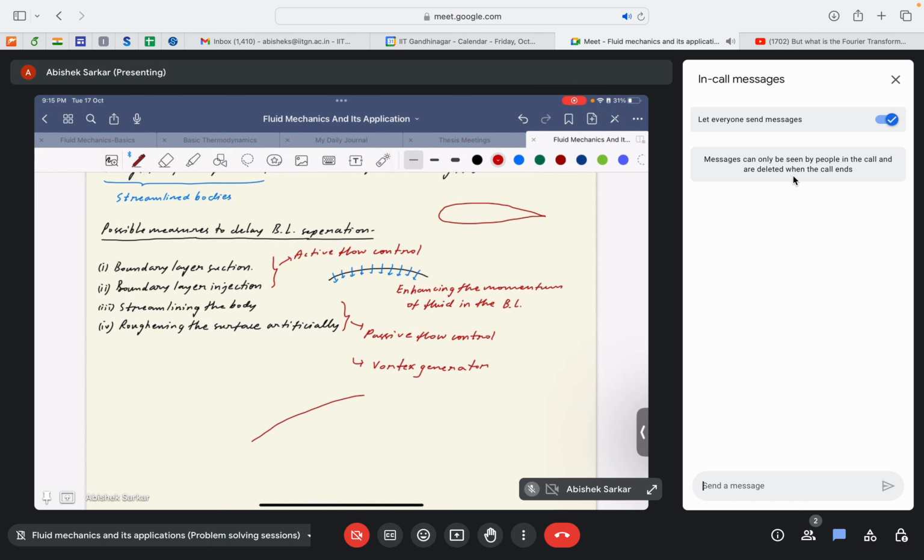This is the wing, an airfoil shaped wing. You will certainly see some protrusions that come out near its trailing edge or leading edge. Mostly it's near the trailing edge. So these are called vortex generators.